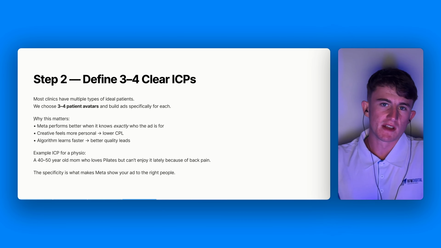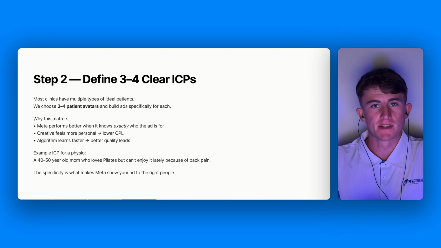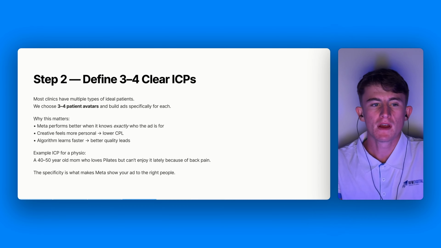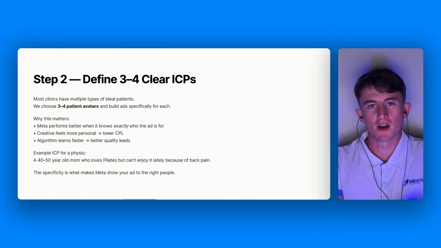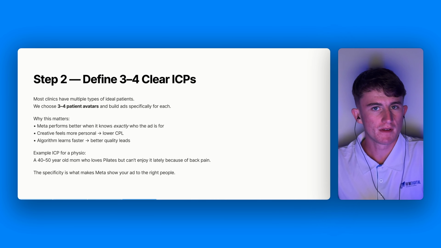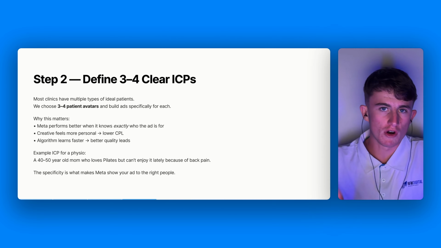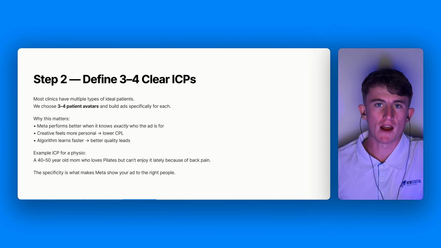When you have specific ICPs in mind and specific avatars and you run ads talking directly to these people, it performs so much better. Meta knows exactly who you want to target when you make it specific. They have bots that will crawl your creative and crawl your ad copy.